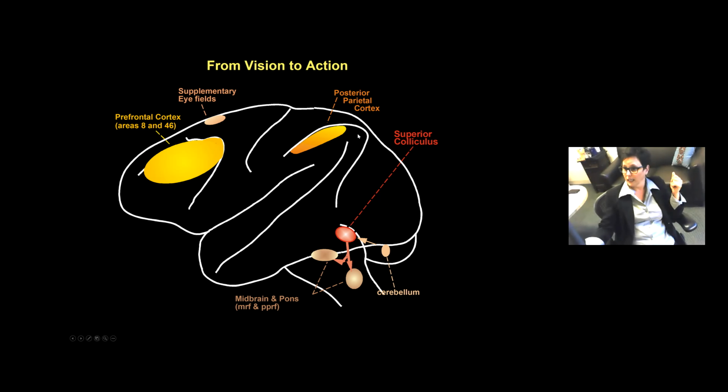And so they're highlighted here. And the important point for this talk is that these cortical areas have direct projections down to a midbrain region called the superior colliculus. It's here on the roof of the midbrain, also called the tectum in lower species. You may have heard of that word before. That just means roof in Latin because it's the roof of the midbrain.